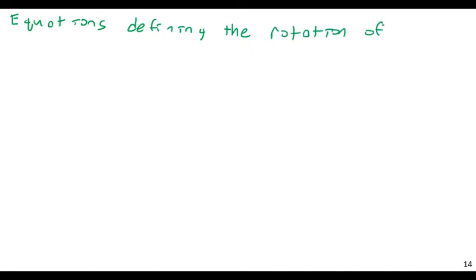So let us look at the equations defining the rotation of a rigid body about a fixed axis. So these are your equations of kinematics, basically. And really, these are analogous to our linear equations of kinematics.